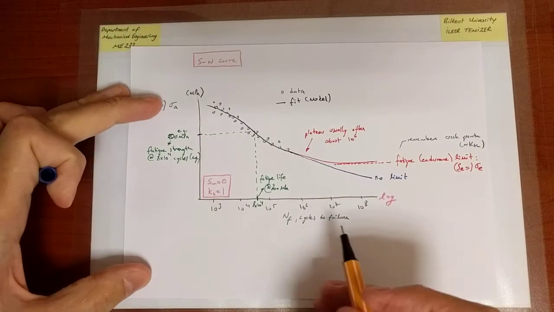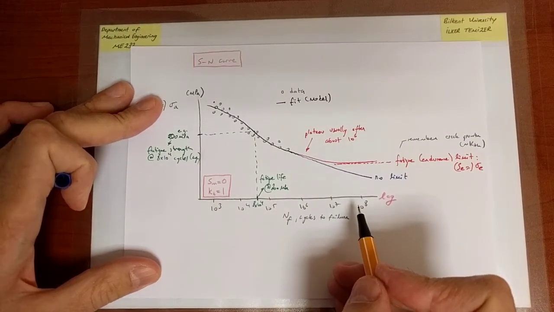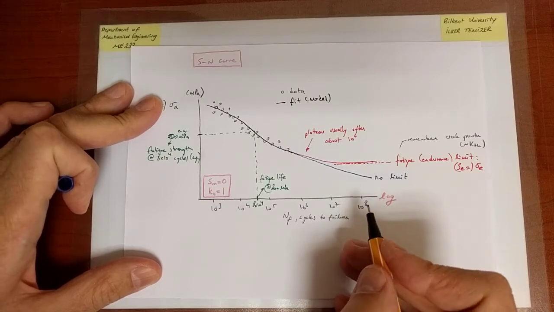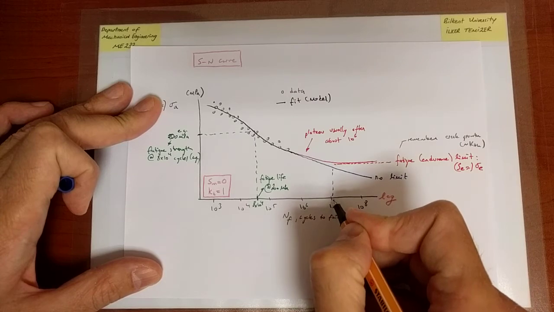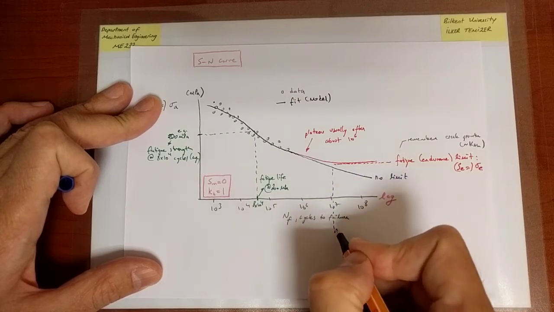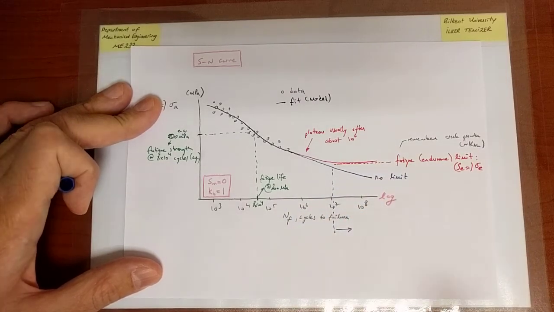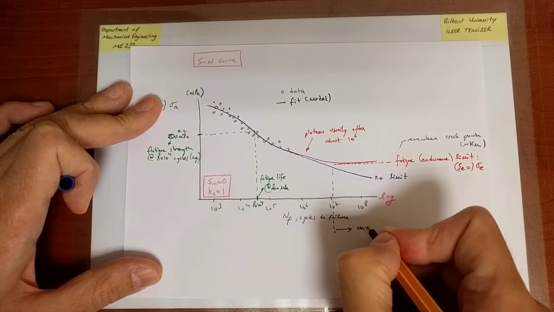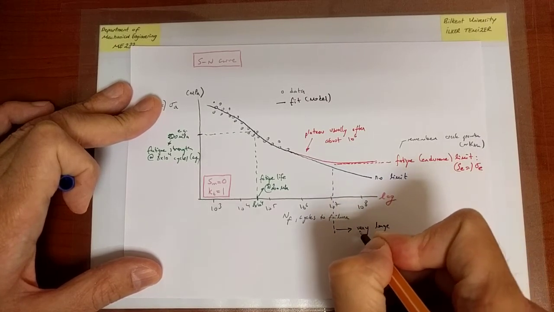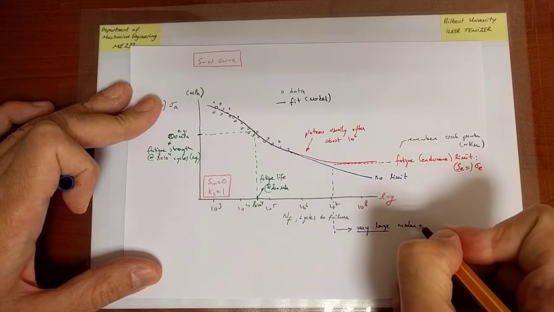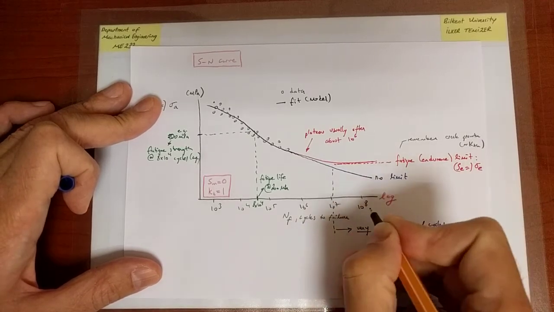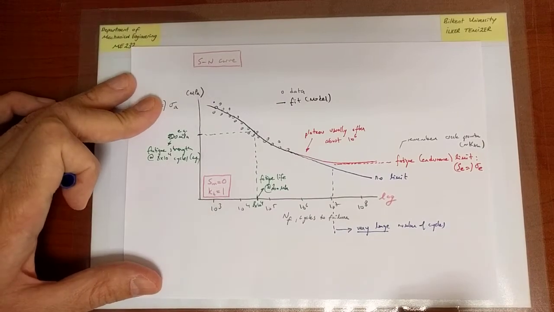So there is no limit sometimes. Now, even if there is no limit, sometimes what one says is that practically, a number of cycles beyond 10 to the 7 or 10 to the 8, somewhere in that range, is already very, very large.